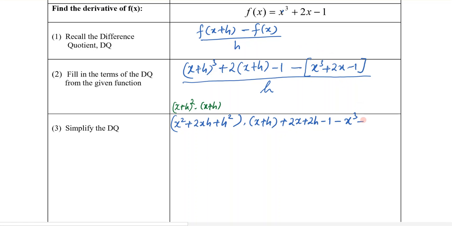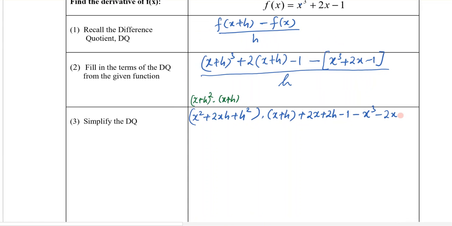So negative times positive, negative 2x, negative times negative is positive 1, over h.